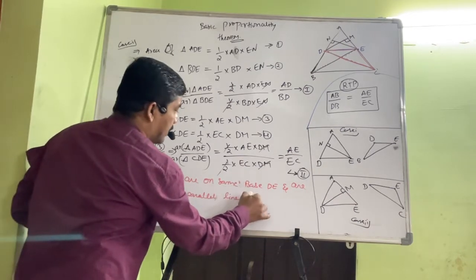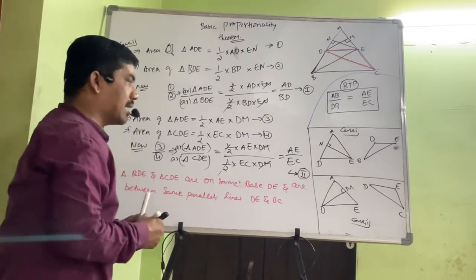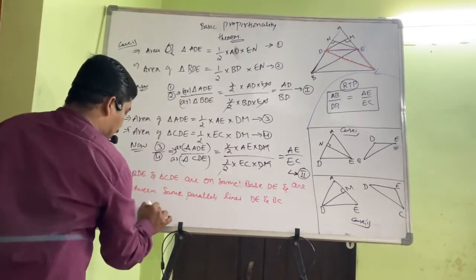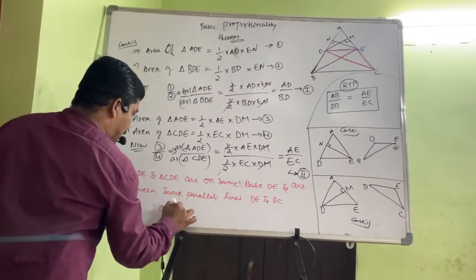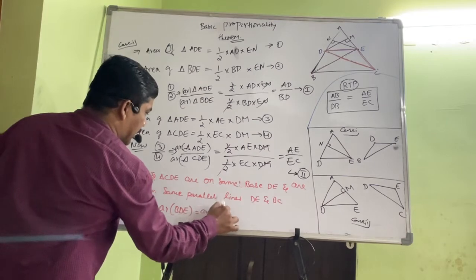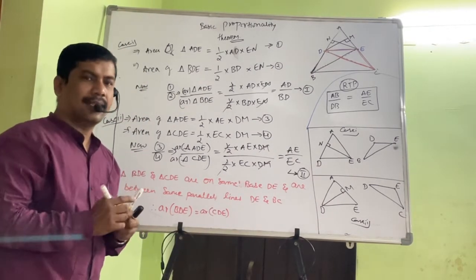They are DE and BC. So if they are on the same base and between the same parallel lines, then their areas will be equal. Area of triangle BDE is equal to area of triangle CDE. Now both the areas are equal, right?